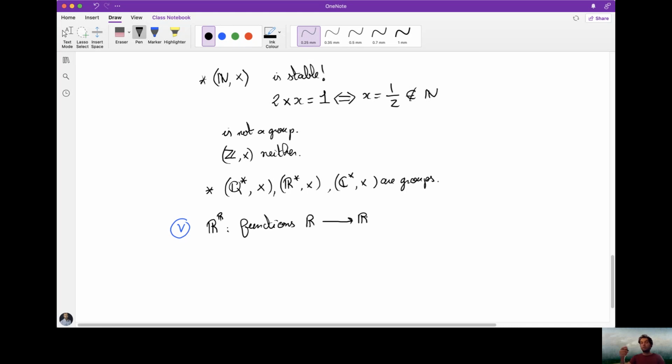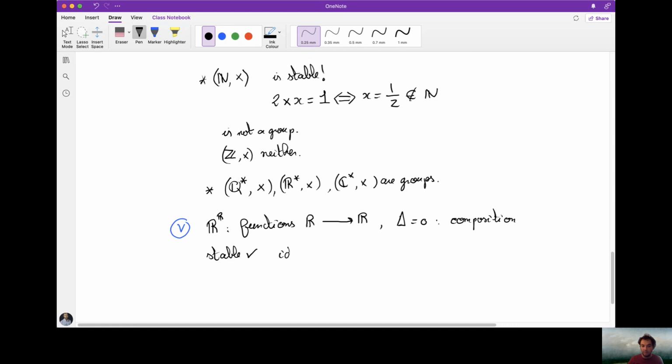The exponential of x squared, for example, is a way of composing functions. So the operation is composition of functions. It's stable: if you take 2 functions and you compose them, the result is again a function.